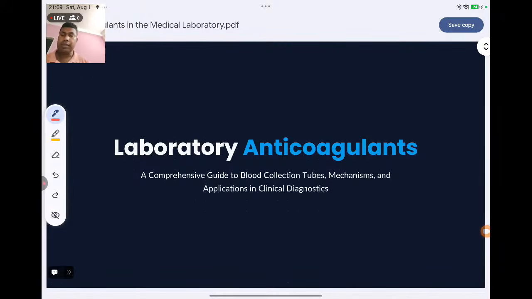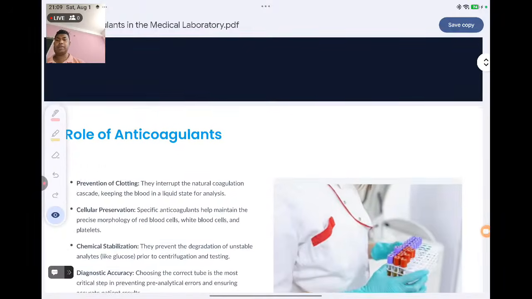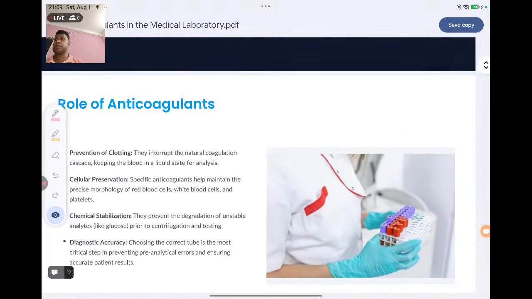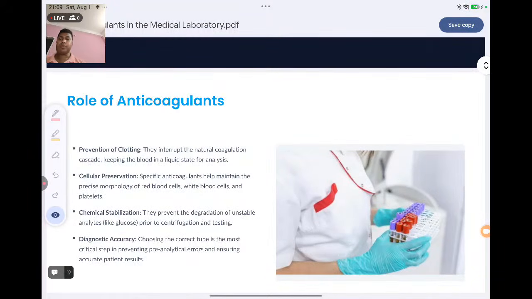So let me start about anticoagulants. So before starting about the anticoagulants, we should know what is an anticoagulant.